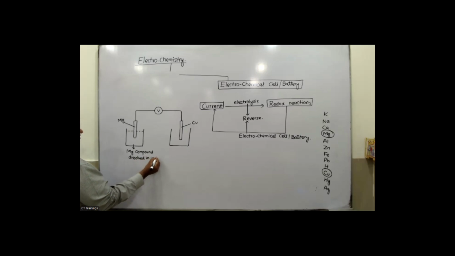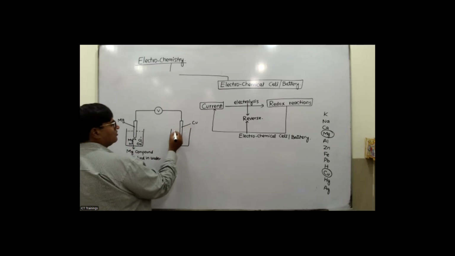You can take magnesium chloride, magnesium sulfate, or magnesium nitrate. That's your choice. So take magnesium Mg plus 2, Cl minus. Since it has been dissolved in water, the water ions H positive and OH minus are also present.